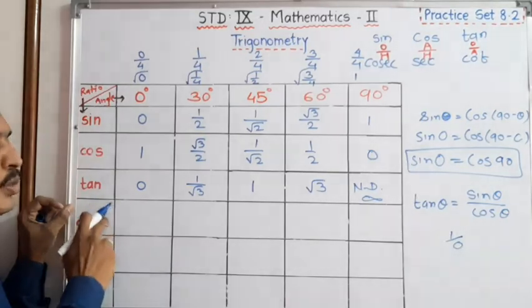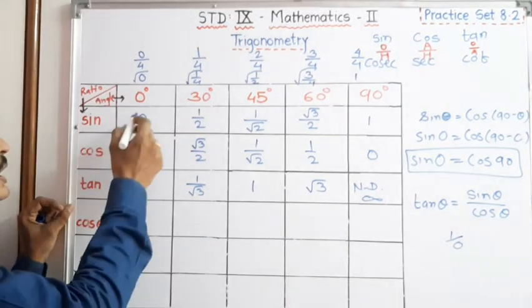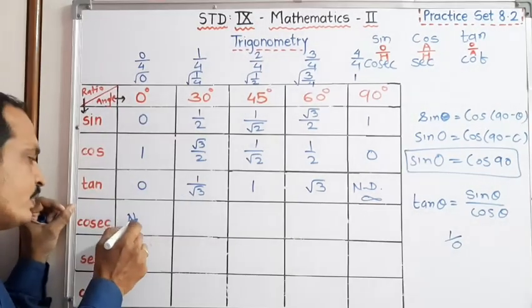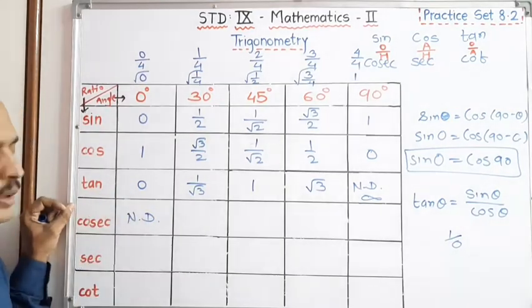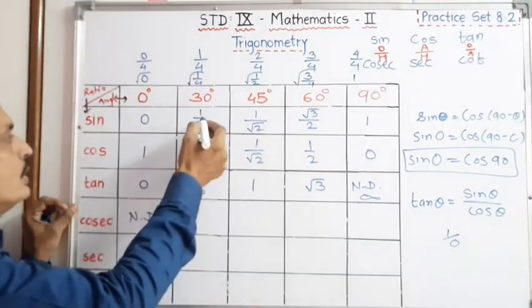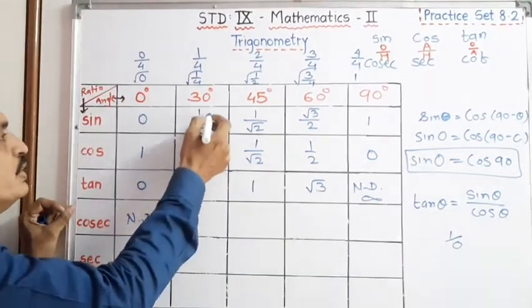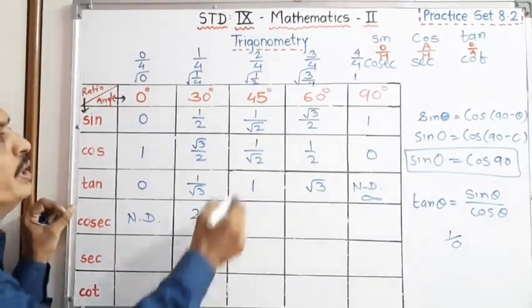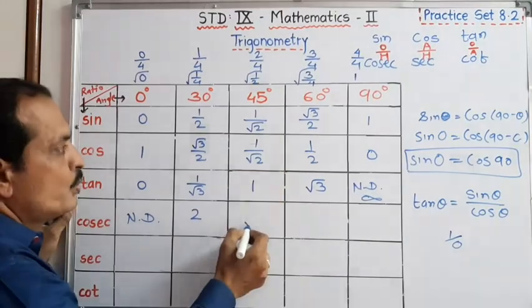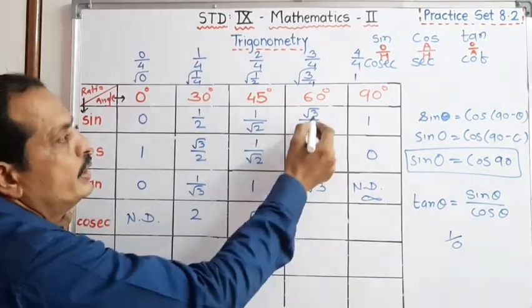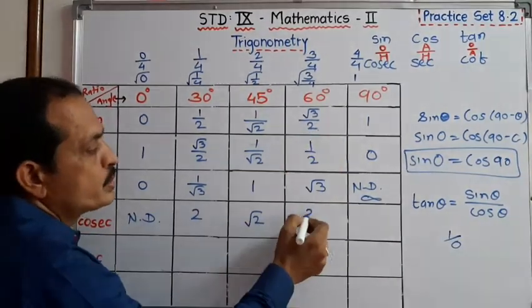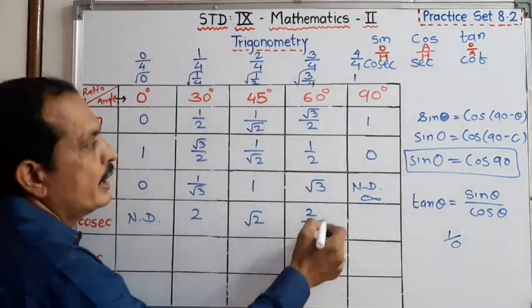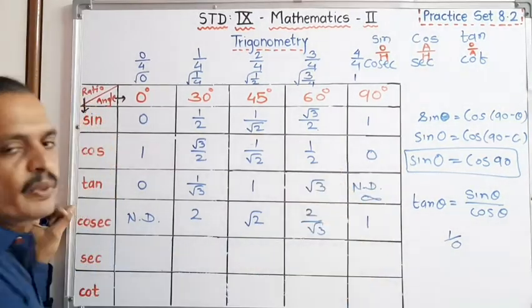Inverse of 0 is not defined, therefore it is not defined. After that we have to write the cosec. Cosec means the inverse of this: 1 upon 2, we can write it is 2. It is 1 upon root 2, we have to write here root 2. It is root 3 upon 2, it is 2 upon root 3, and here it is 1.